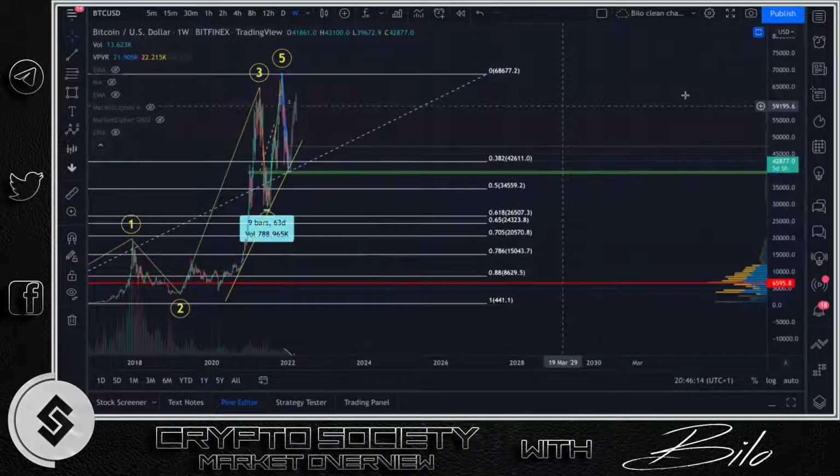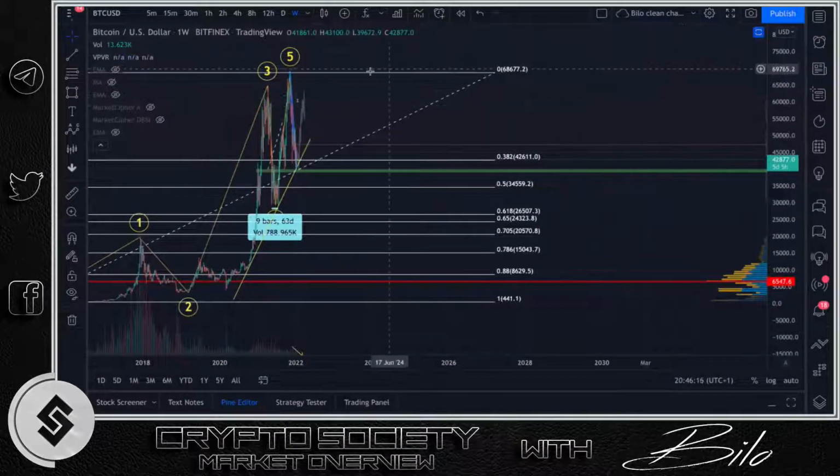So what does that mean? It's very simple. Bitcoin went down 38.2% of the run up from 0 to 68,500. That's all it means. It's a retracement of 38.2%.